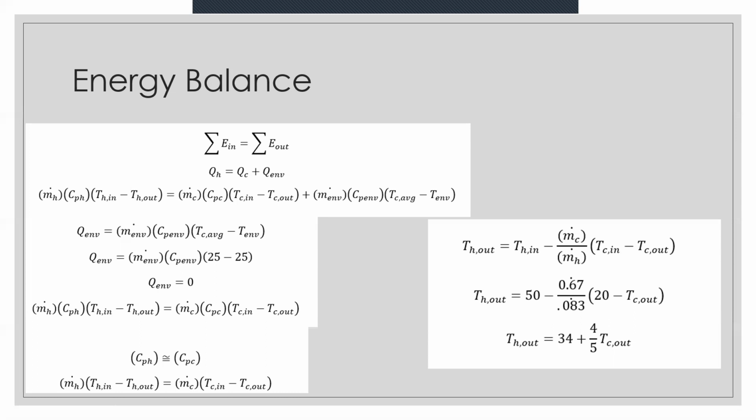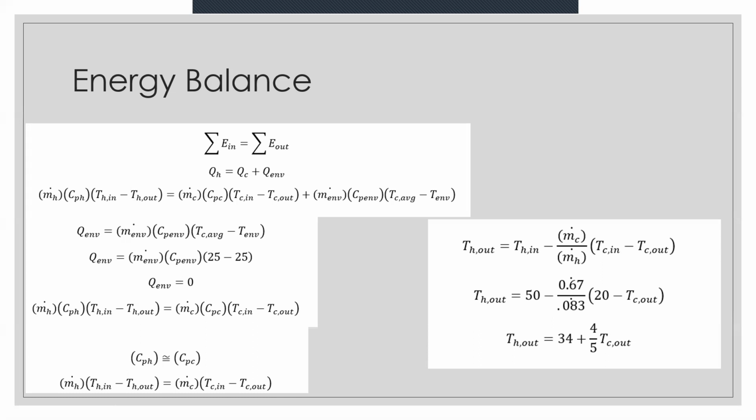And as stated in the problem, at standard temperature and pressure, the environment is 25 degrees. So 25 minus 25 is 0 for a temperature difference. And since there is no temperature difference, there is no heat energy gained or lost from the environment.